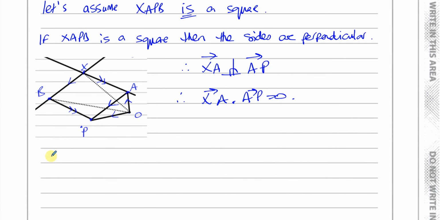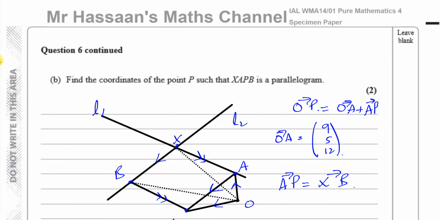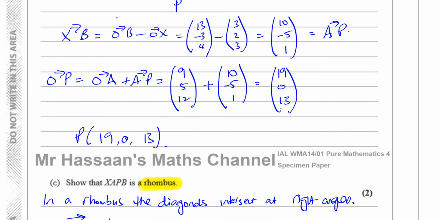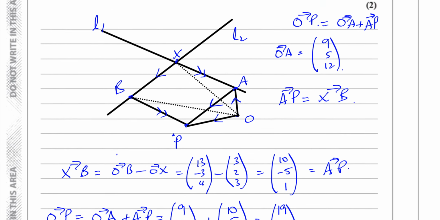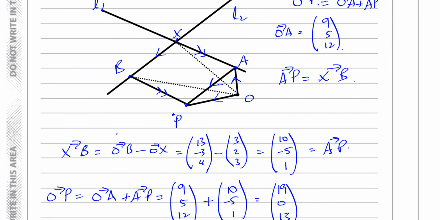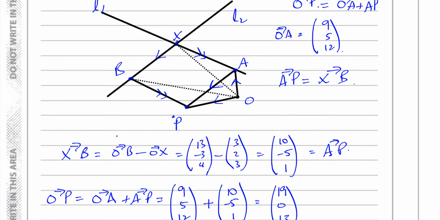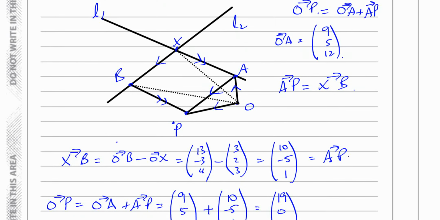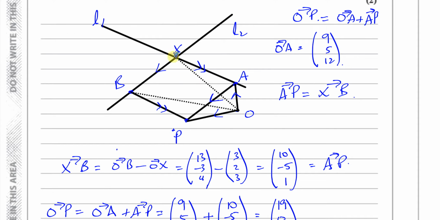Okay, so let's find what XA is. I think we already found it. Did I find it already? No, I found XB, and I have to find one of them anyway. So let's just find what XA is. X to A is X to O plus O to A, so it's OA minus OX.